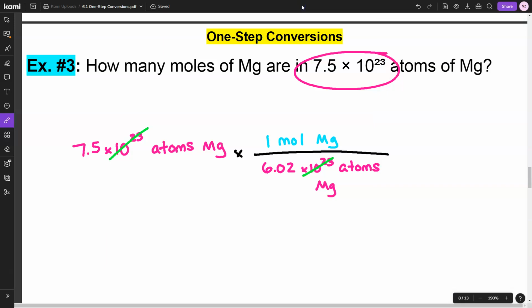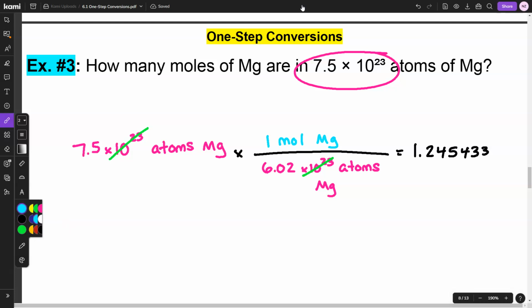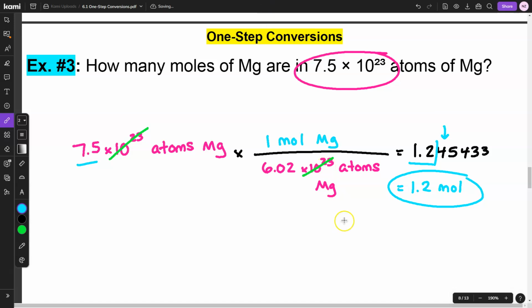So I'm going to go ahead and write that down. 1.245433. And I'm going to round this to 2 significant figures. And then I'm going to look at the next digit. So I'm going to round this to 1.2 moles. That's how many moles of magnesium are in 7.5 times 10 to the 23rd atoms of magnesium. Just FYI, in case you were wondering.